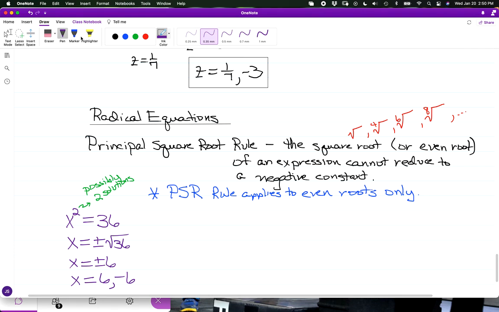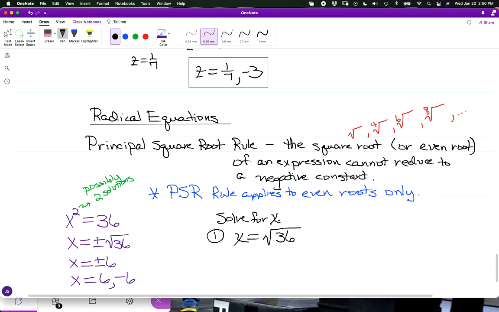But now where the principal square root rule would be addressed, let's say just as a cousin to this particular problem where the follow-through was with the square root property of equality. If we have, in the case of solving for x, x is equal to the square root of 36.